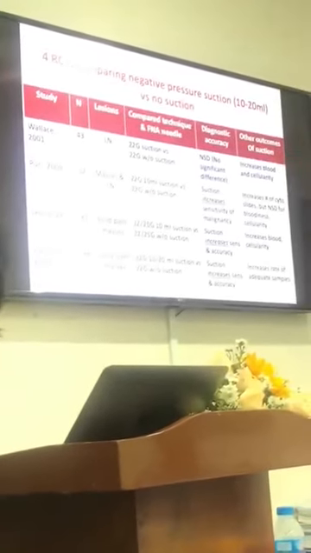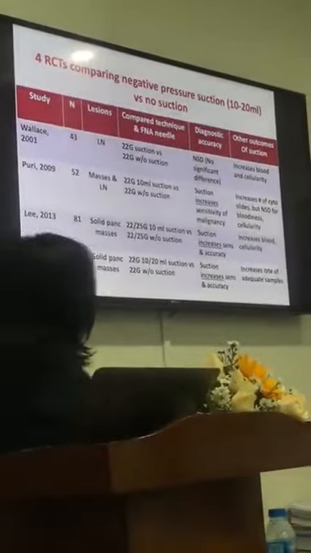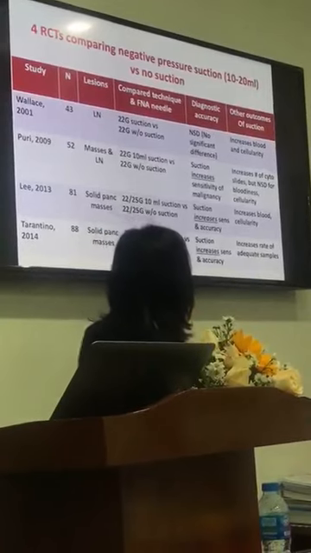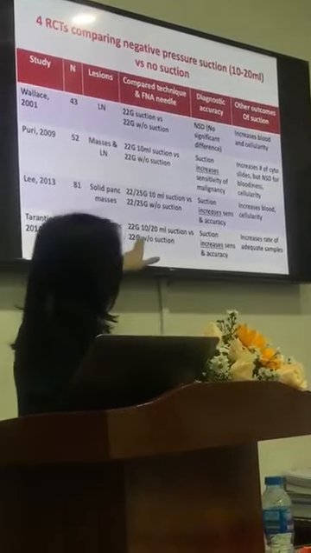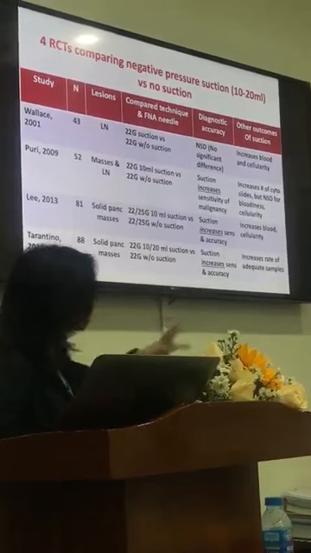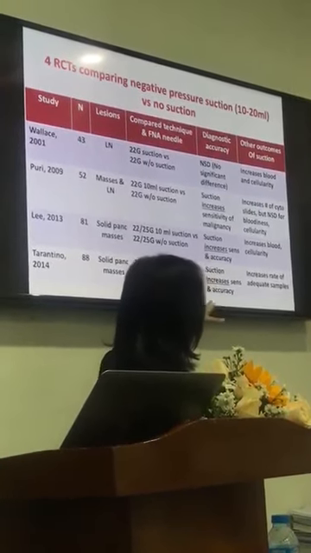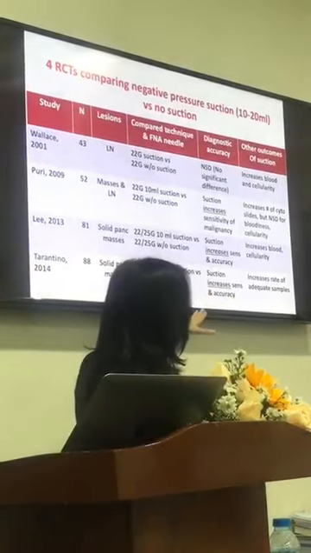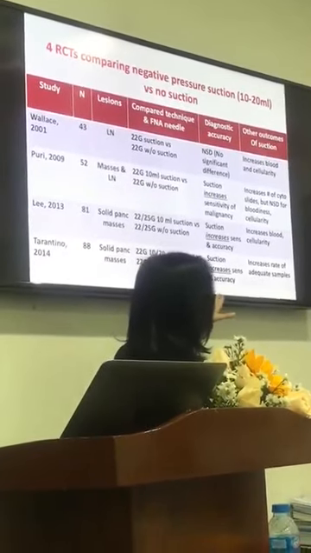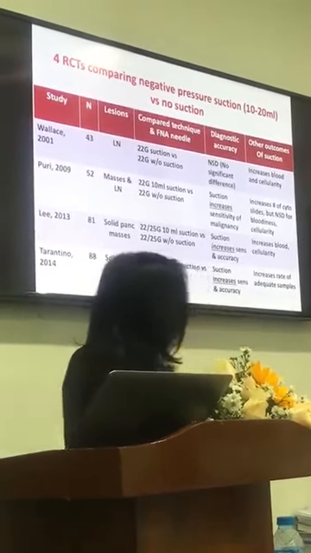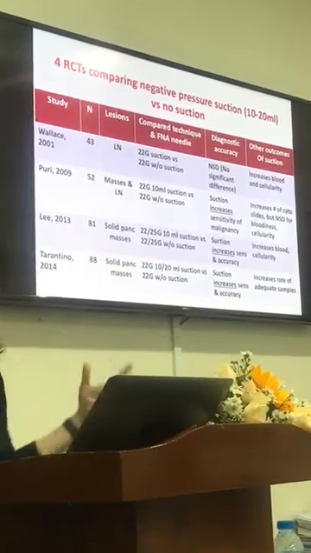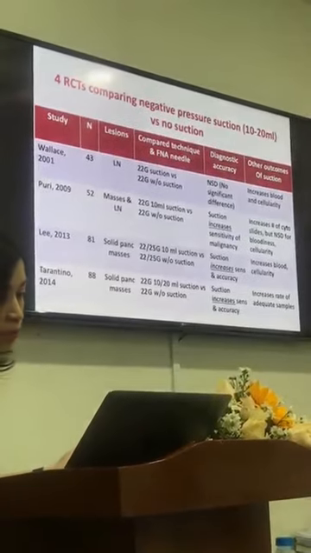So what the study shows really among these RCTs, the use of suction, and what I mean by suction is 10 or 20 cc's of negative suction. What it shows is that the suction actually increases sensitivity and diagnostic accuracy. However, it also increases blood contamination in some of the studies.